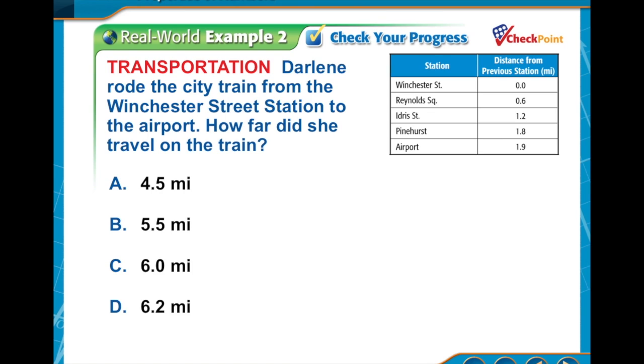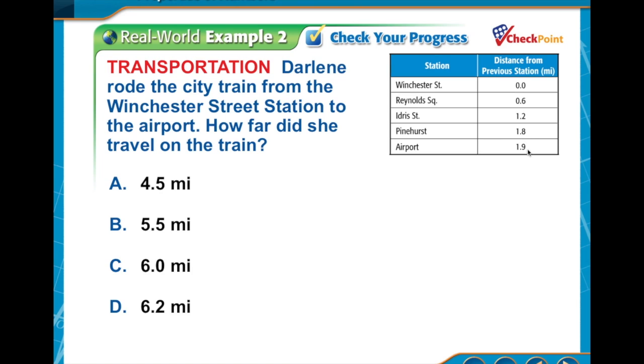And you should be looking at the answer choices possible. And after simple calculation, of course, you should have written down these two sentences by now. How far did she travel in miles? Well, I know 0.6 plus 1.2 is 1.8. 1.8 plus another 1.8 is 3.6.